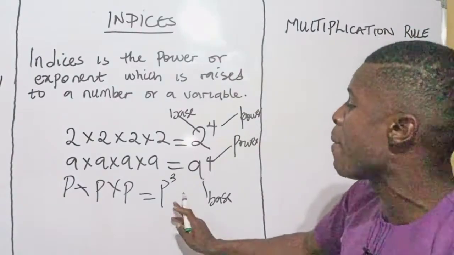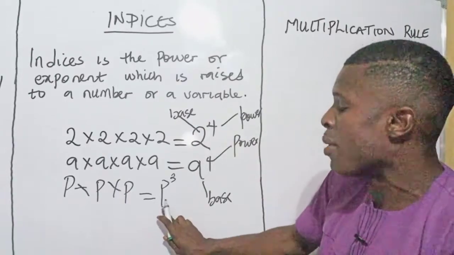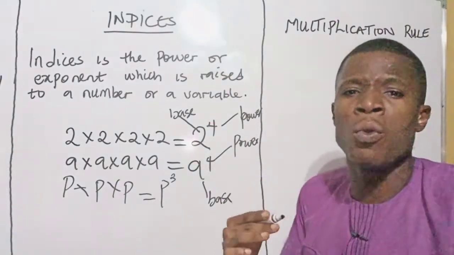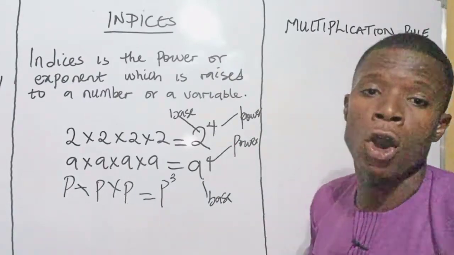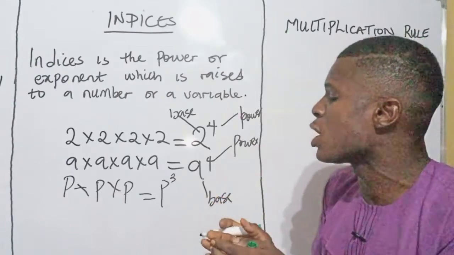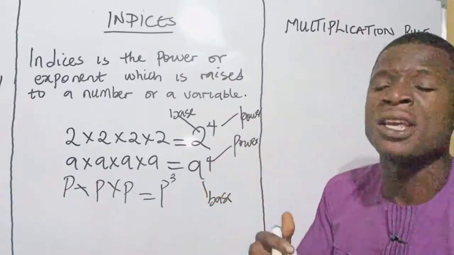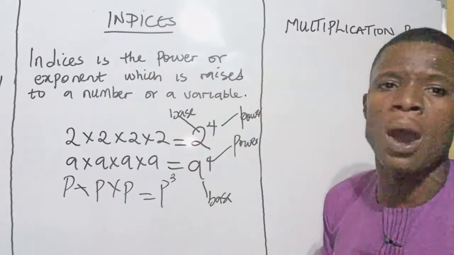So my p, which is the main variable in consideration, is called my base, which we are studying. And how many times this number occurred is 3 times. So indices is just how many times a number is raised to a given power.